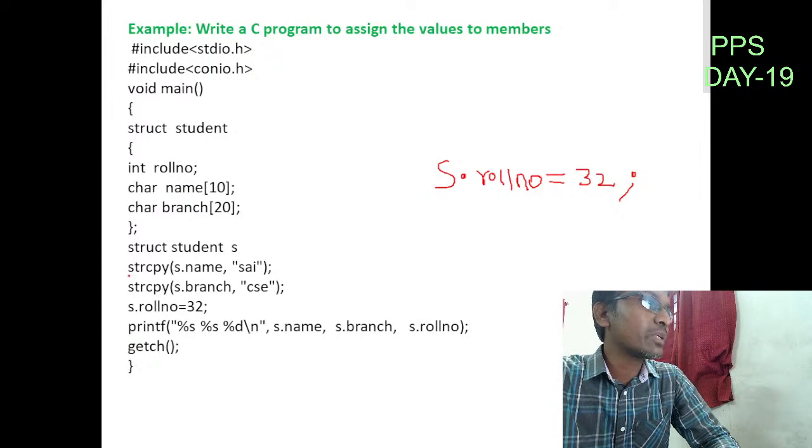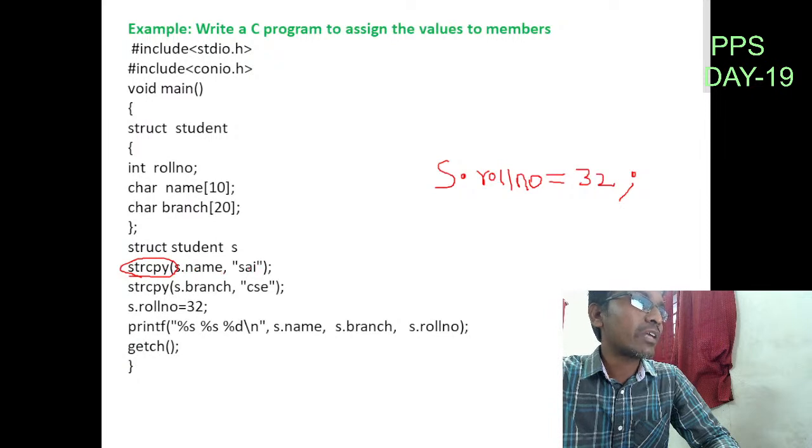Then I will use the string copy function. With the string copy function also, you can initialize the value of the name like this: strcpy(s1.name, "Sai"). That will be assigned to name, and strcpy(s1.branch, "CSC").